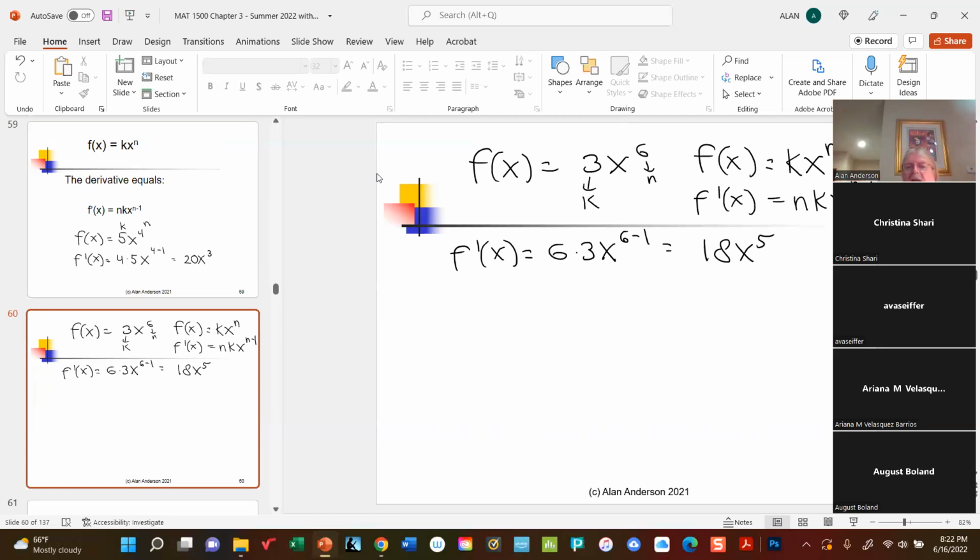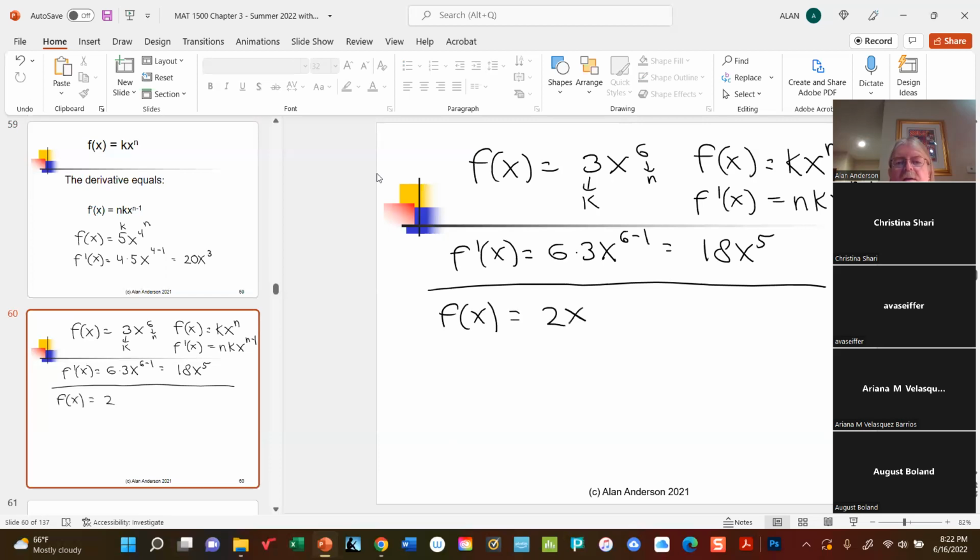All right. So anyway, this is how we treat these cases. Let's do a different one, a slightly more challenging one. Let's say that f of x is 2x to the minus 3 power. Now, just because this exponent is negative doesn't really change anything. This is k, and this is n. So remember, what we need is the exponent comes down in the front.